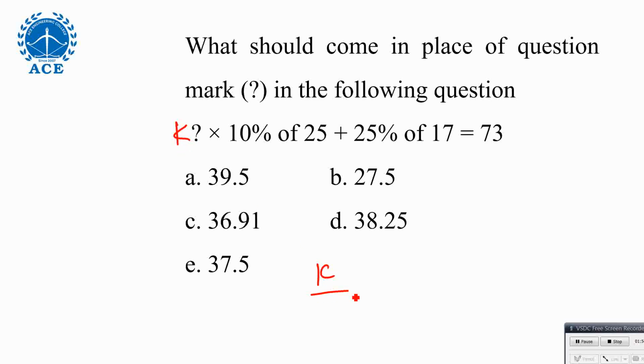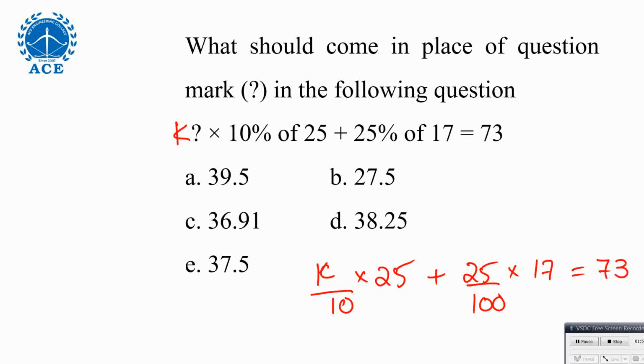K into 10% means divide by 10. Of means multiply with 25. 25% means 1 by 4, for information, or else 25 by 100, no problem. You take 25% as 25 by 100 also 1 by 4. So 25 by 100 or 1/4 is equal to 73, right? And you need to identify the K value.